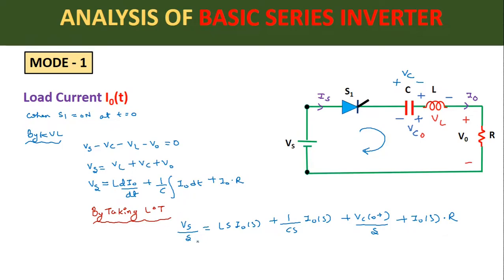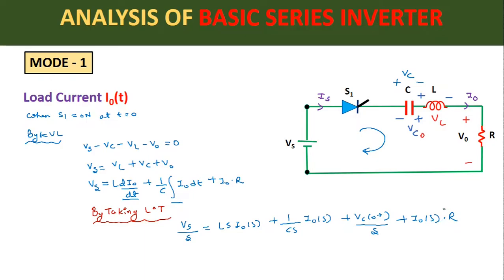We will get Vs by S is equal to Ls into I0(s), plus 1 upon Cs into I0(s) plus Vc0 plus divided by S, plus I0(s) into R. This Vc0 plus is the initial voltage across the capacitor at time t is equal to 0 plus.